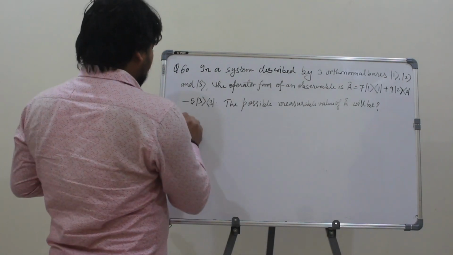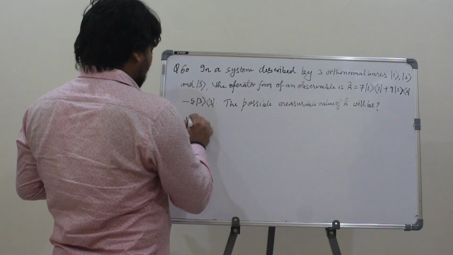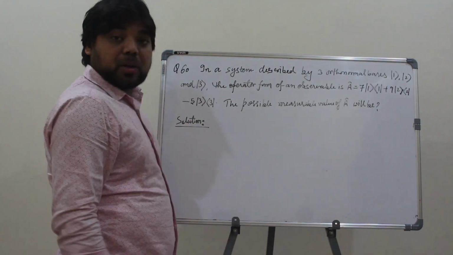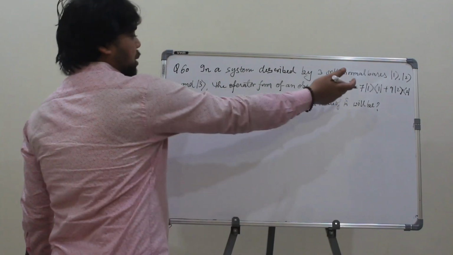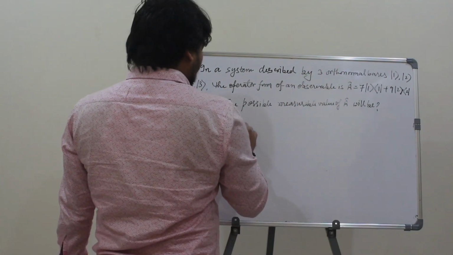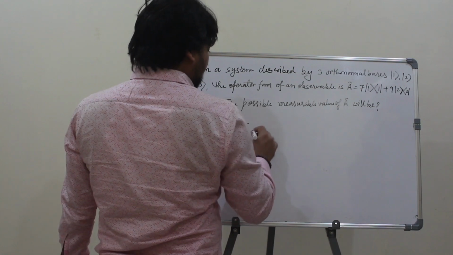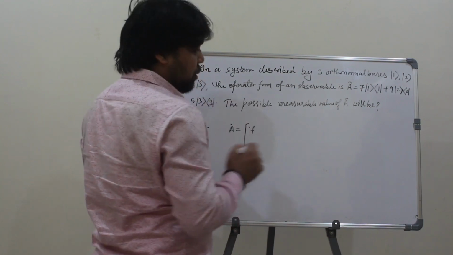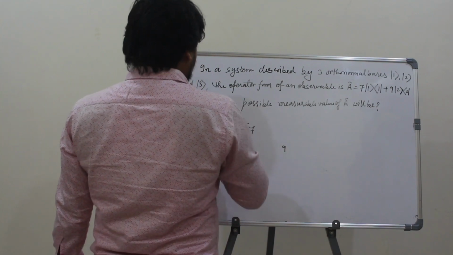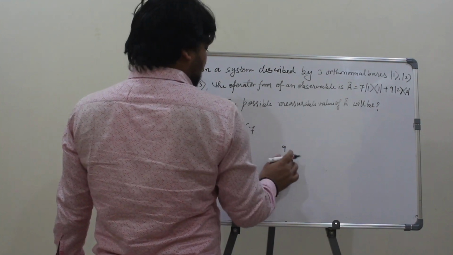To solve it, remember what the operator corresponding to the observable is. It is given by A cap, which is 7 |1><1|, 9 |2><2| and then |3><3|.